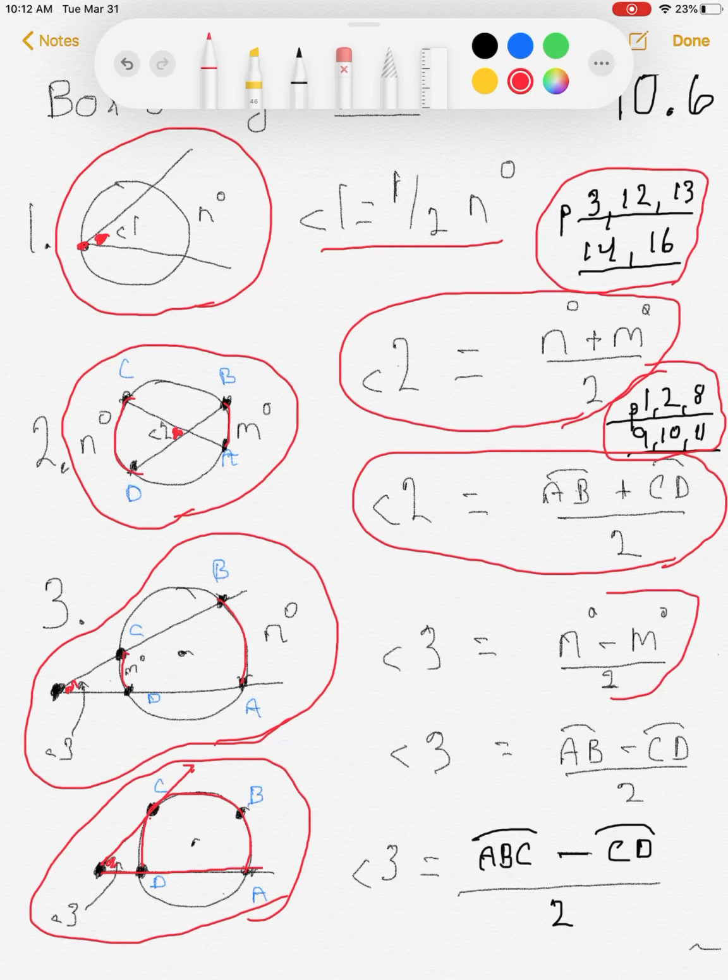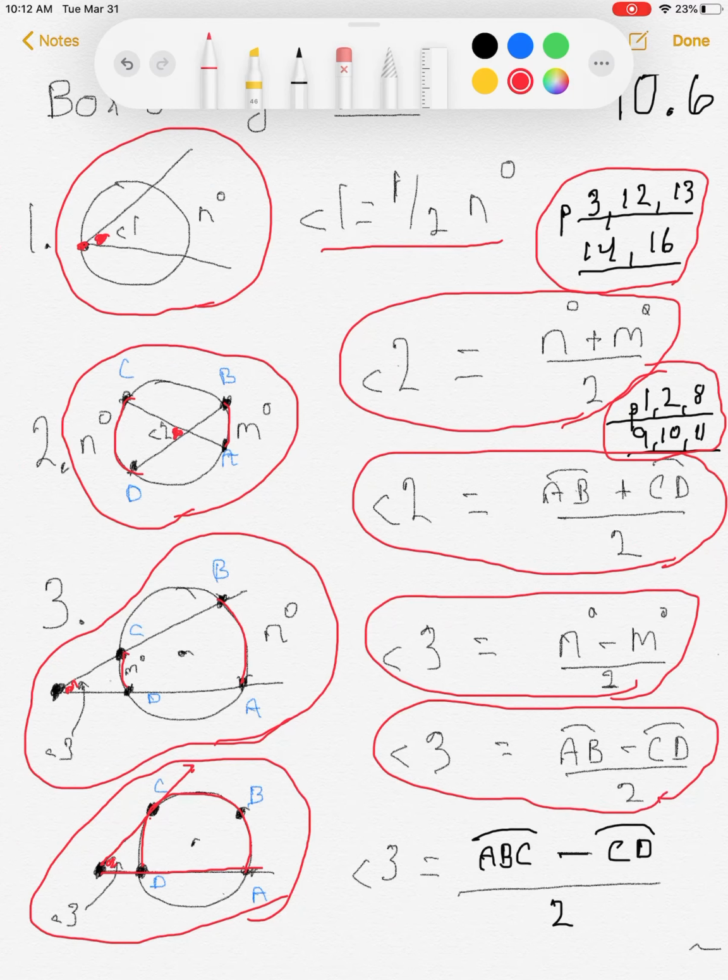So angle 3 is equal to the arc whose measure is n, subtract the arc whose measure is m, and divide by 2. Another way of saying that is to take arc AB, subtract arc CD, and divide by 2.